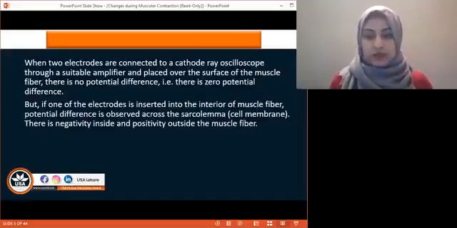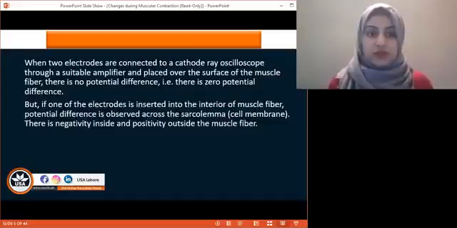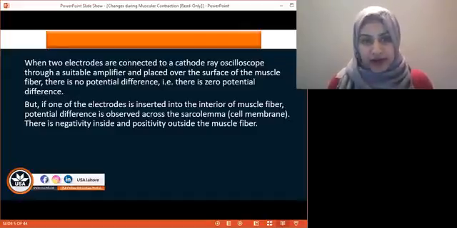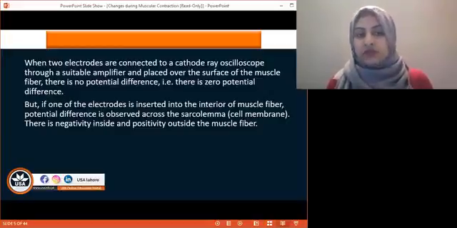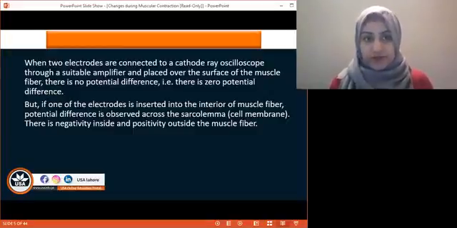To measure the resting membrane potential, we take two electrodes and connect them with a cathode ray oscilloscope, with the help of a suitable amplifier, placed over the muscle fibers. And what you get to know is that there is zero potential difference when you place them on the surface of a muscle fiber.